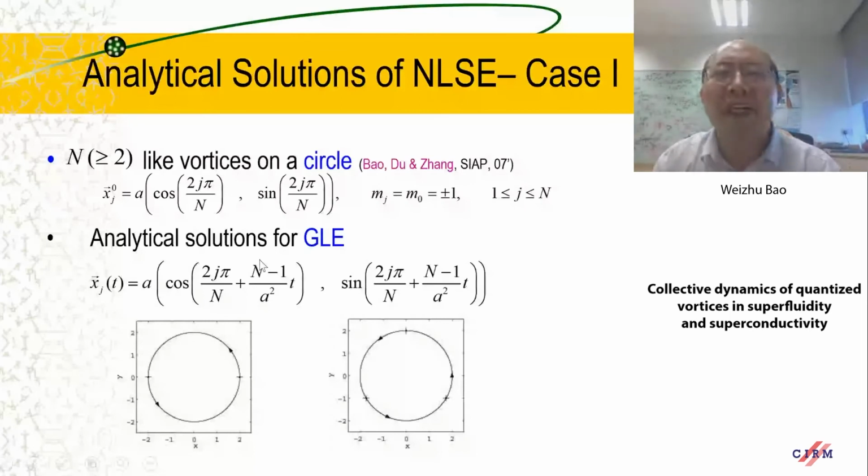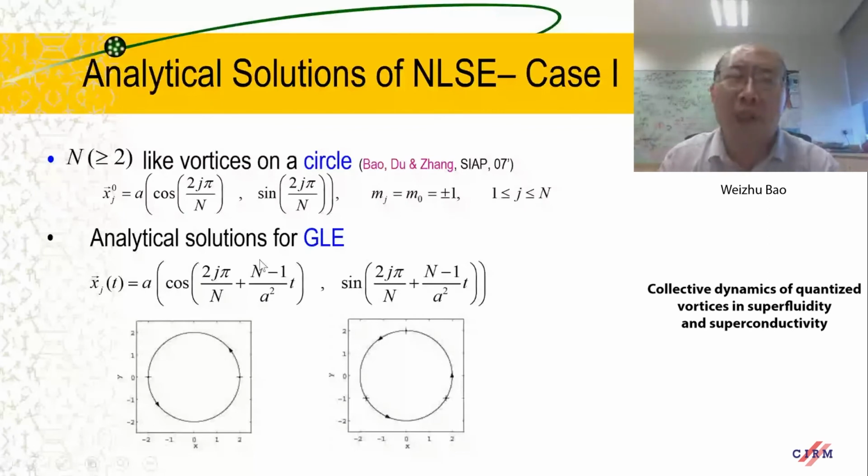From the PDE, for the Schrödinger type equation, you can solve the PDE. Then qualitatively the dynamics from the PDE is similar to the ODE. However, for the Schrödinger type equation, if the distance is less than some constant times the core size, and you have 2 vertices with opposite degrees, a dipole, in fact they merge with each other.